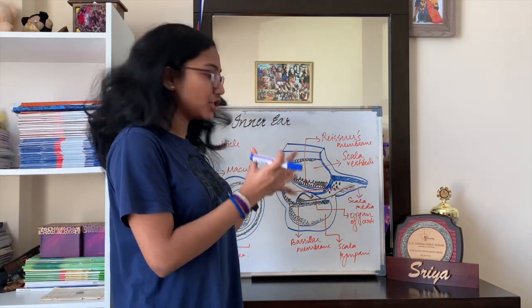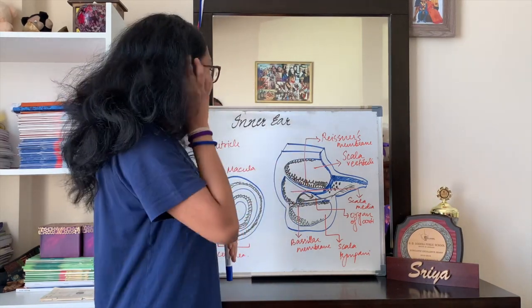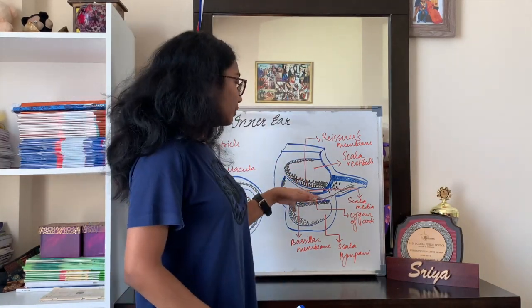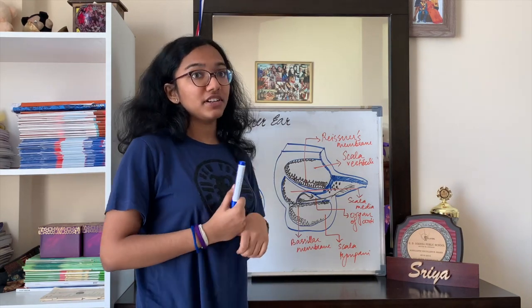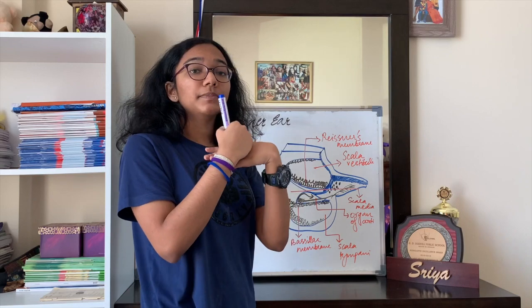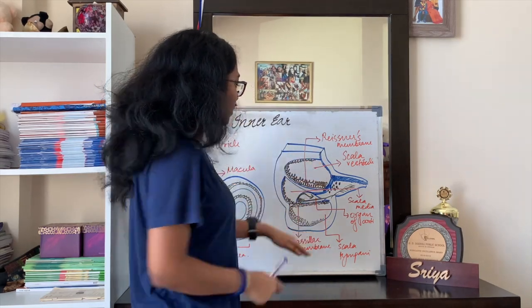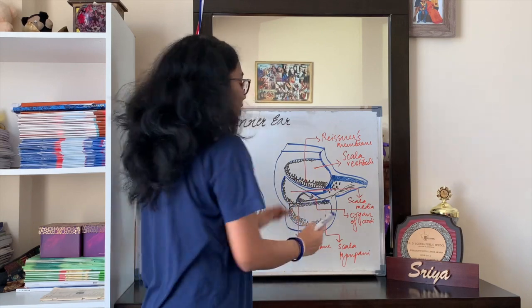It's spiral in shape, okay? It almost looks like a snail's back. Anyways, the cochlea too is made up of bony and membranous labyrinth. Since you know the bony labyrinth is on the outside and the membranous labyrinth is on the inside, I've divided this into three areas.